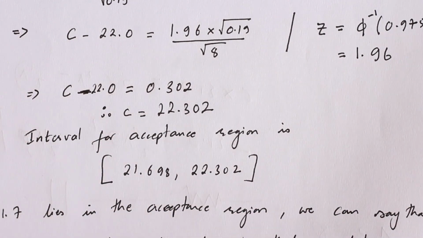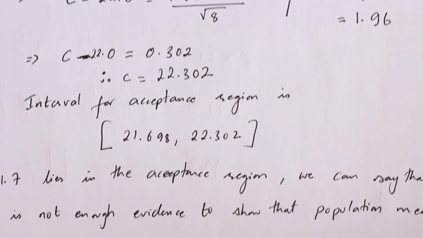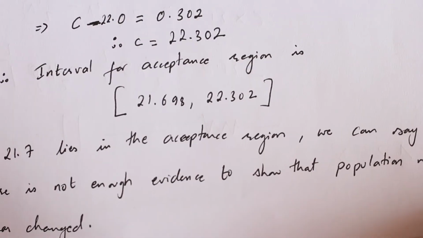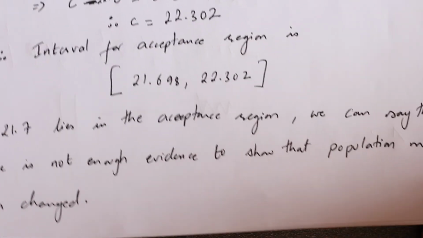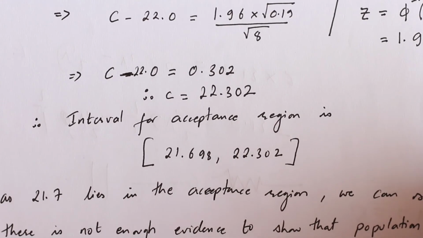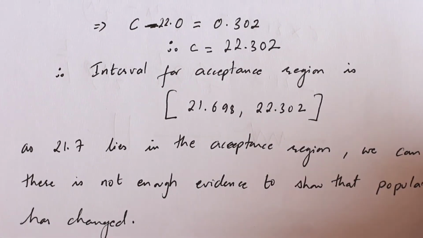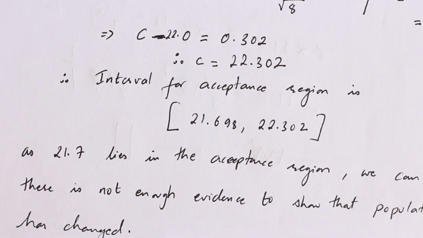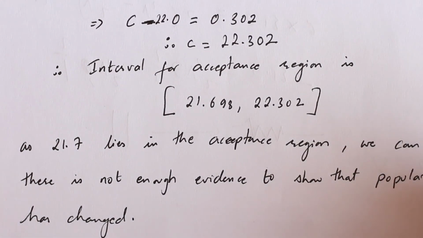As we are dealing with hypothesis questions, we have to give a valid conclusion as to whether we accept the hypothesis or not. We are given that the mean length found for the sample of 8 was 21.7.